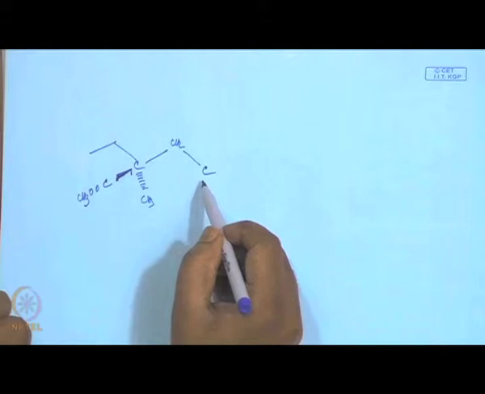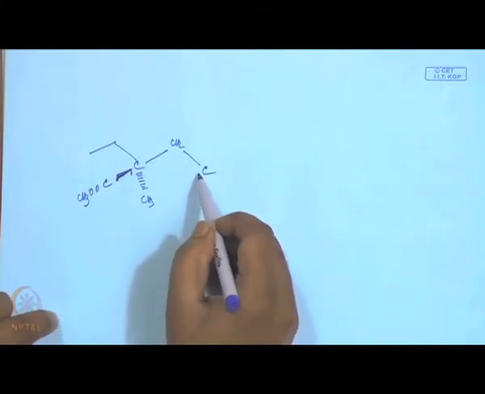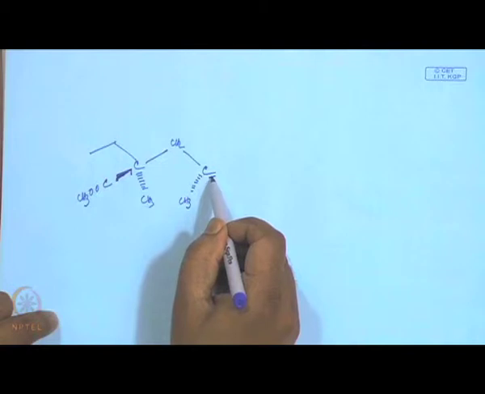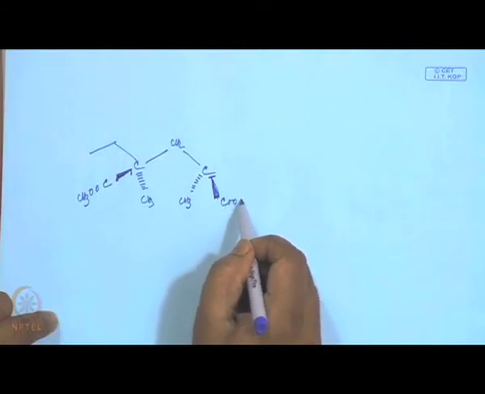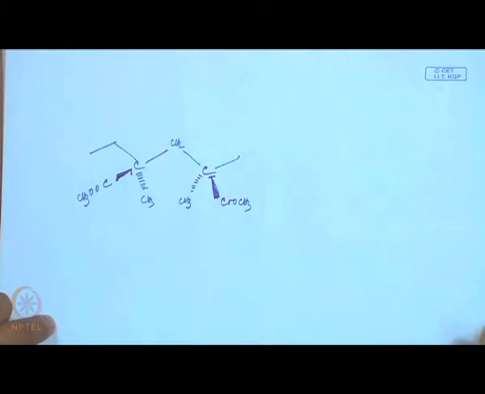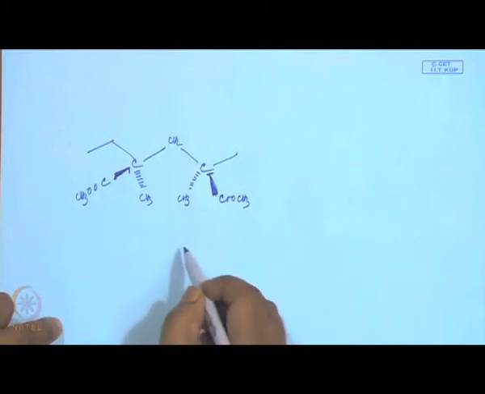Now, here it can have 2 spatial arrangements. One, it can have CH3 and, as we discussed in terms of copolymerization, this is one arrangement, and you can have the same here.